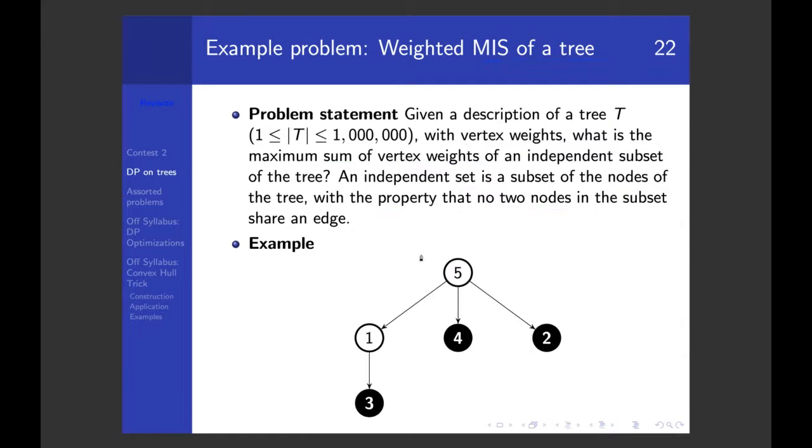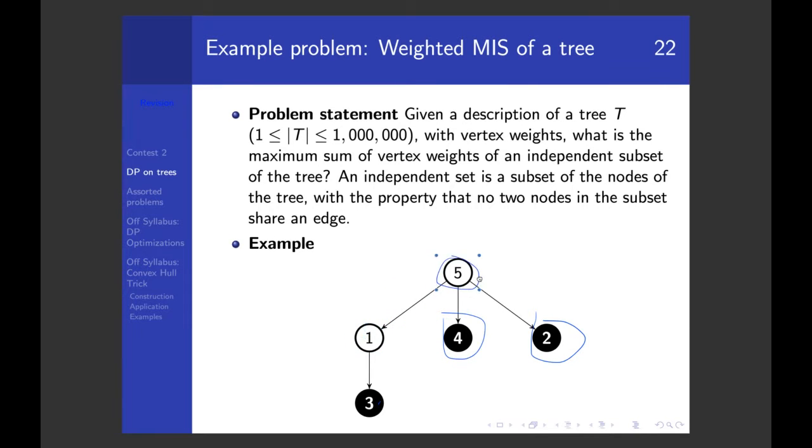Here is the example. This is a tree, with some independent sets. So, for example, 3 and 5 is an independent set of weight 8, because weight 3 plus weight 5. Let me delete these old ones. This is also an independent set of weight 5, 7, with no two nodes adjacent.